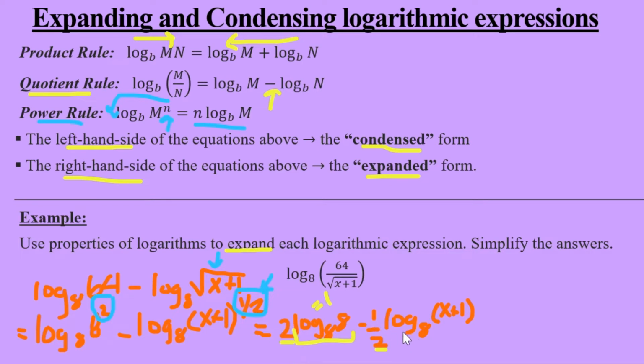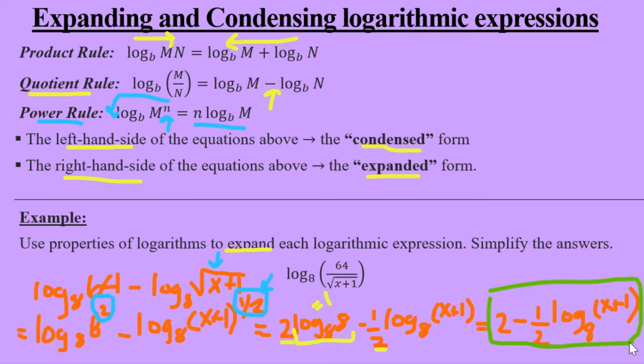There's nothing that we can do over here. We can't simplify that any further, so this term will stay the same. Here I just have 2 times 1, which is 2. Therefore, the simplified answer for that expression in the expanded form would simply be 2 minus 1/2 log base 8 of x plus 1.